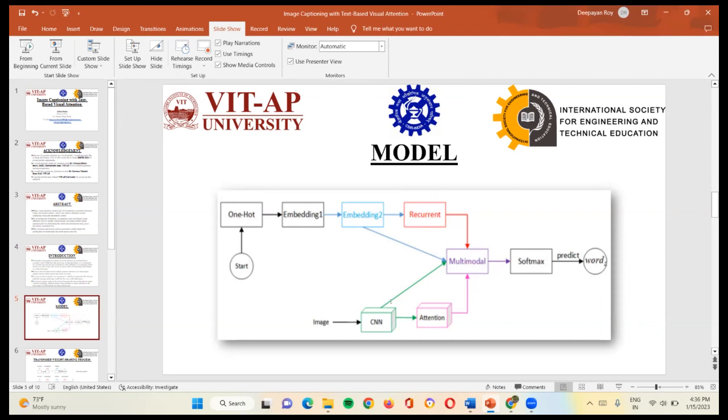The output of the two embedding layers is the input for both the recurrent and the multimodal layers.